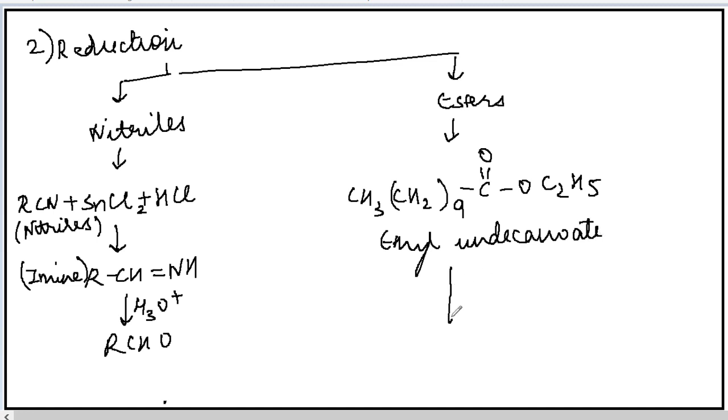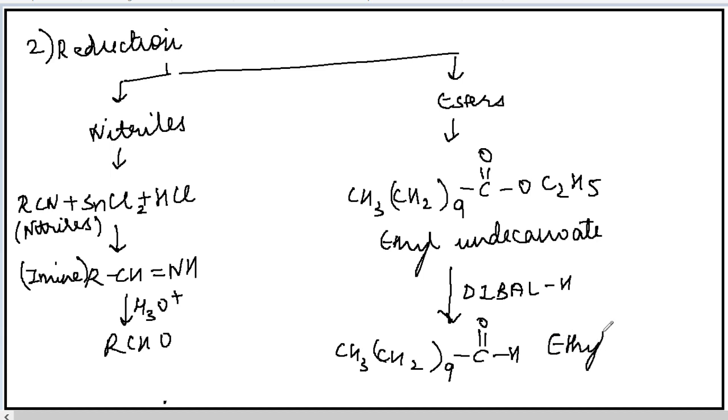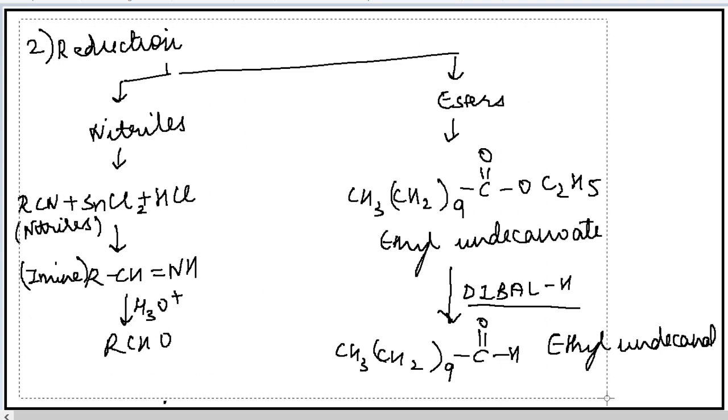This ester will be reduced in presence of diisobutyl aluminium hydride to aldehyde. So by reduction of nitriles as well as by reduction of esters, aldehyde can be produced. This is the short form for diisobutyl aluminium hydride. So this was the second method to prepare aldehyde.